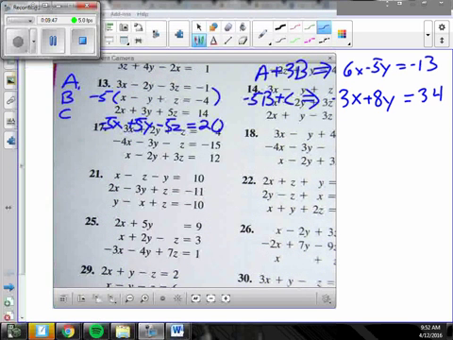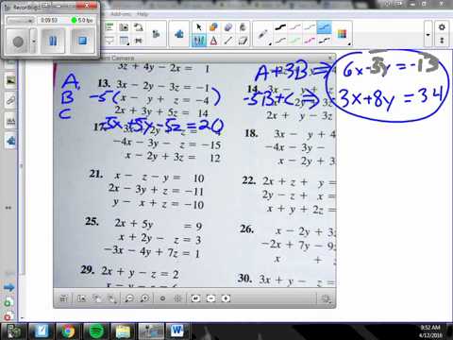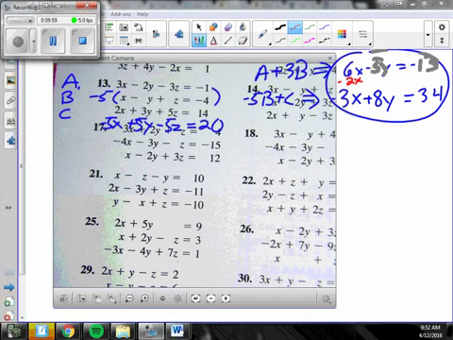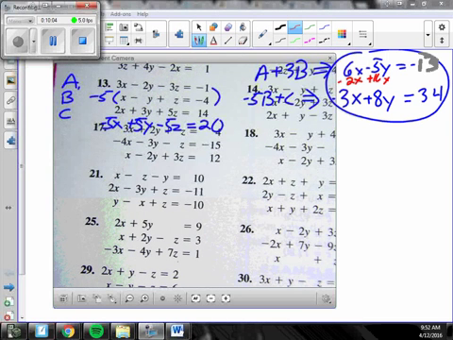So what am I going to do here to eliminate either the x or the y? Double the bottom. So that would be negative 2x plus 16y and 68. Oh, wait. That'd be 6x.